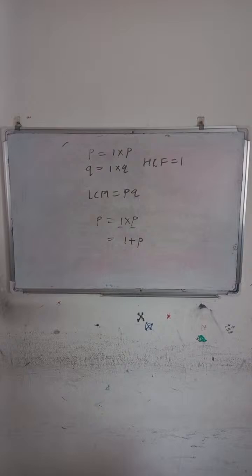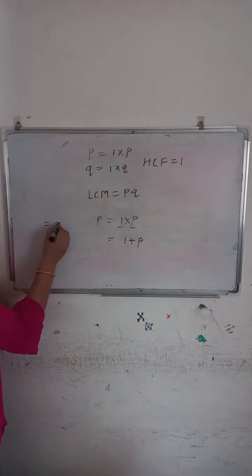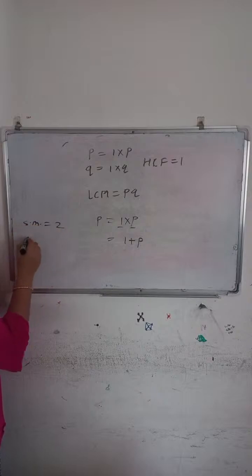Check and tell me the answer. HCF, they are asking, of the smallest prime number and the smallest composite number. The smallest prime number is 2, and the smallest composite number is also 2.